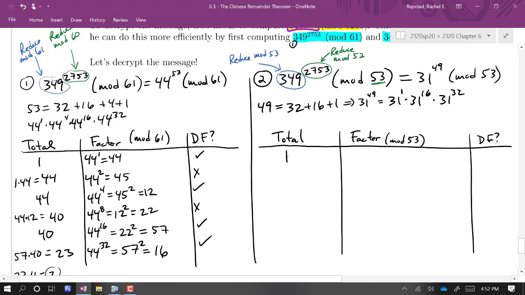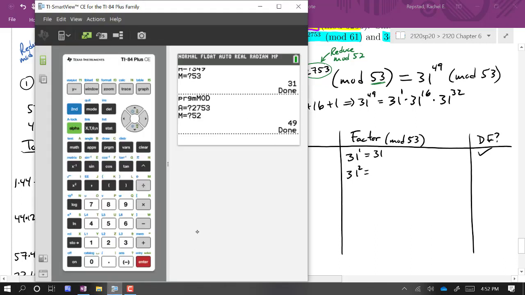Our total always starts at 1. Our first factor is our base to the first power, which is 31. That is desired. Our new total, 1 times 31, is 31. Next, we're going to square, so 31 squared mod 53.